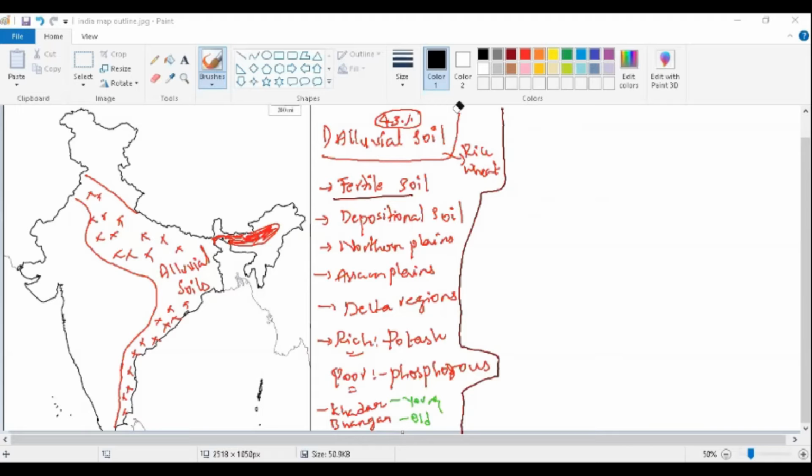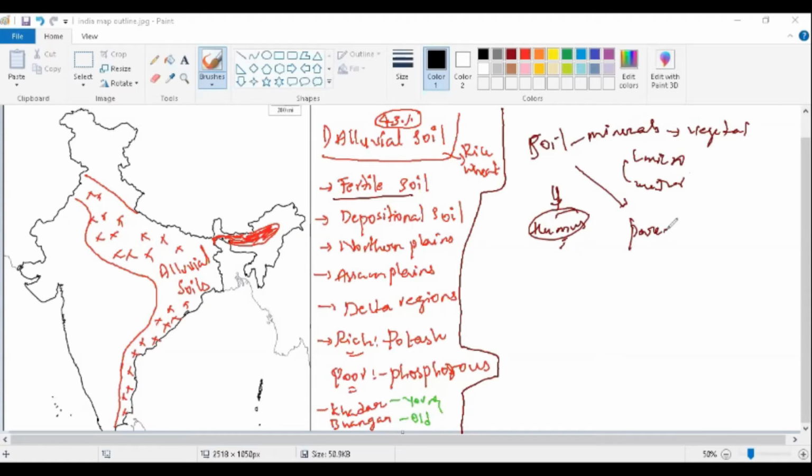But I didn't get one thing. As you said, fertile soil lacks humus. So how will it be fertile? See, soil has many minerals that support vegetation, micro and major nutrients. Humus is the additional thing. Even in the absence of humus, the parent rock will be there from which soil is produced.